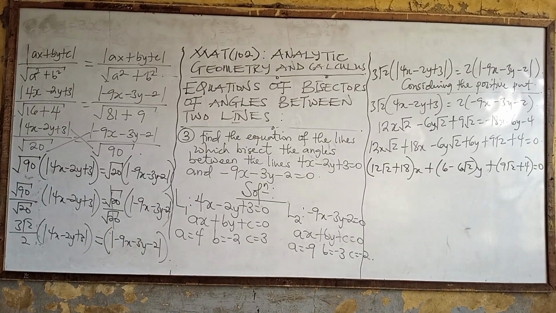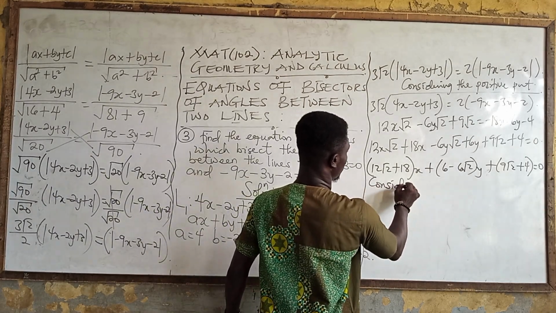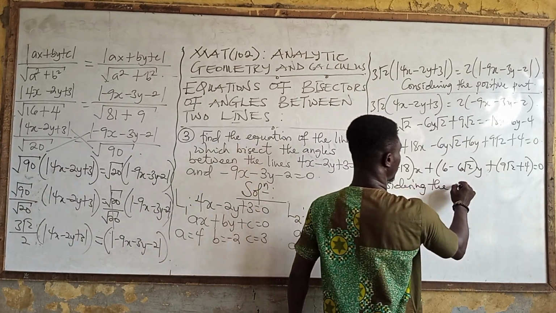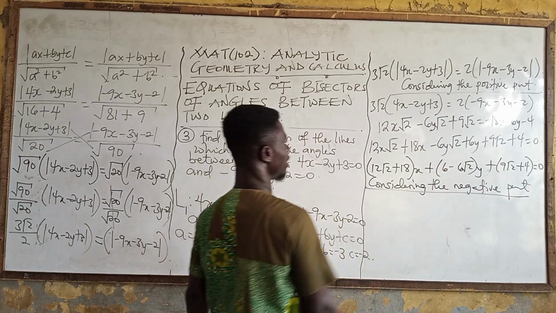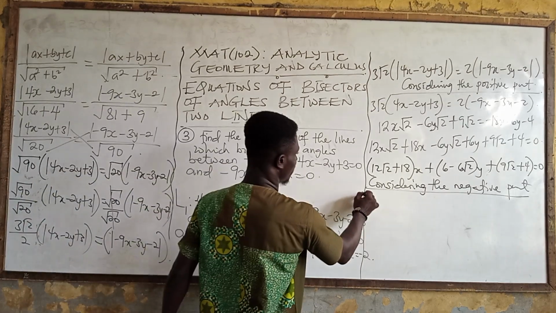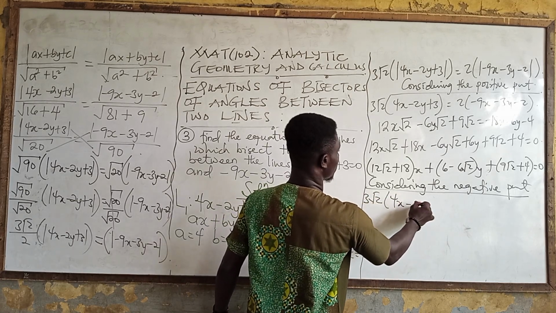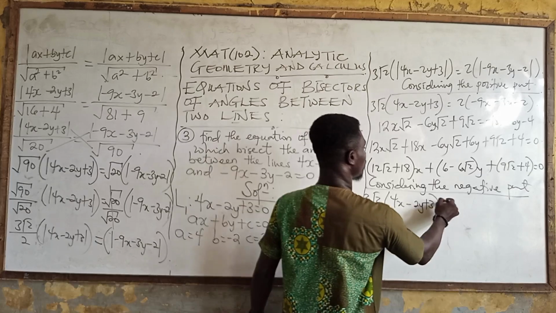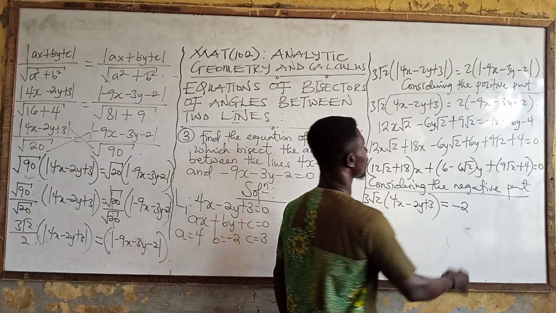So now we can consider our negative part. So let's consider the negative part. So if you want to consider the negative part, still we have 3 root 2 multiplying 4x minus 2y plus 3, which must be equal to negative 2, right?